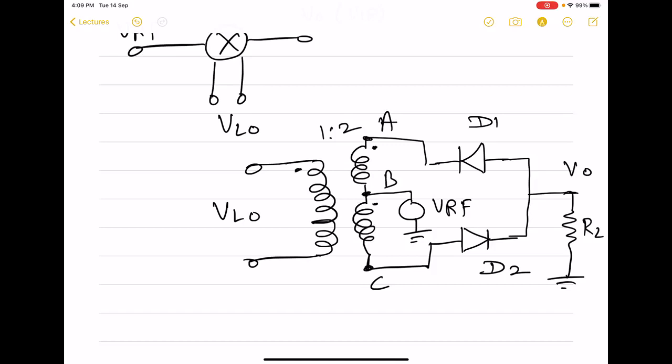So these dots designate the polarity. So here we have a single balanced diode mixer.